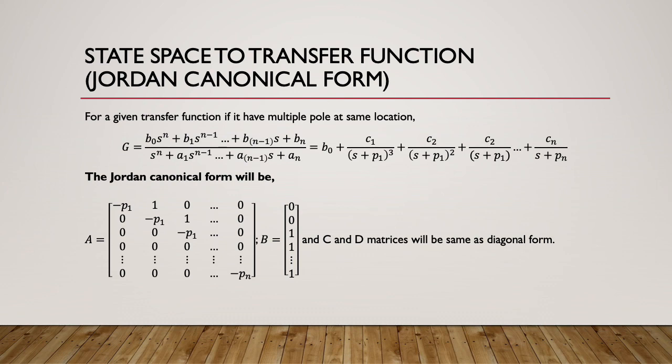Similarly, in the B matrix, all values are 0 except the one corresponding to the last of the repeated poles. In this case, with three poles at the same location p1, the B matrix is 0, 0, 1. If it has four, the B matrix will be 0, 0, 0, 1. The C and D matrices will be the same as in the diagonal form. So this is called the Jordan canonical form.